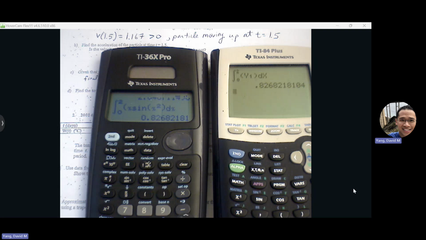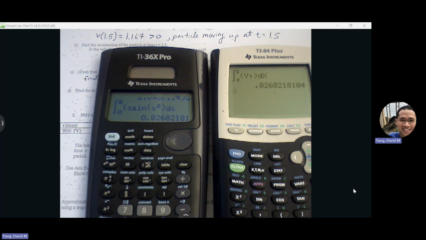0.828. If you're using one of my older calculators, you'll do Math 9. This is going to be your fnInt, and that fnInt will show up in your calculator. This one will come with 4 arguments. You're still going to type in your starting function. You're still going to use x, but now you're going to do lower bound to upper bound.